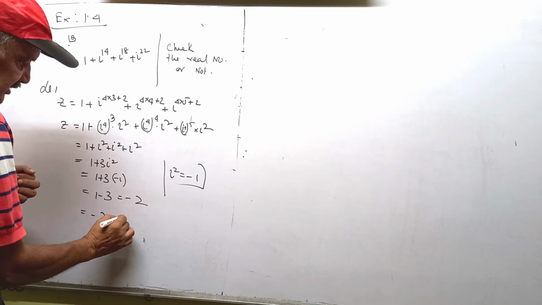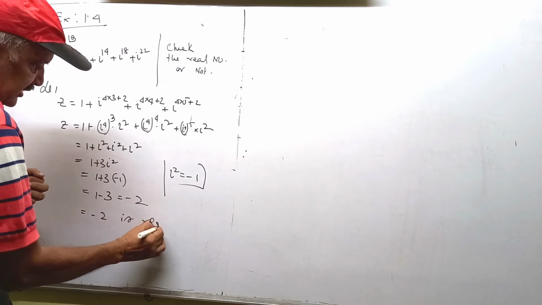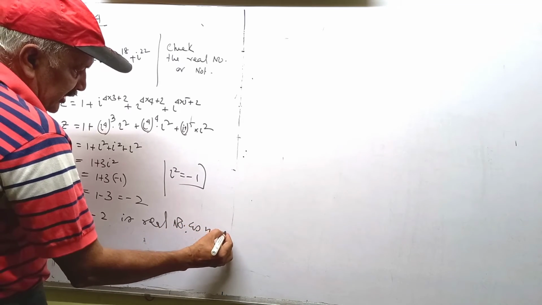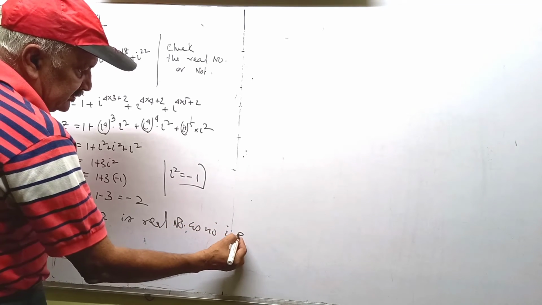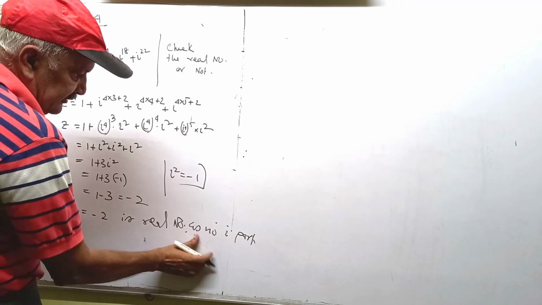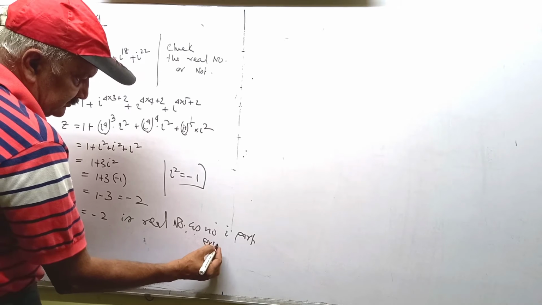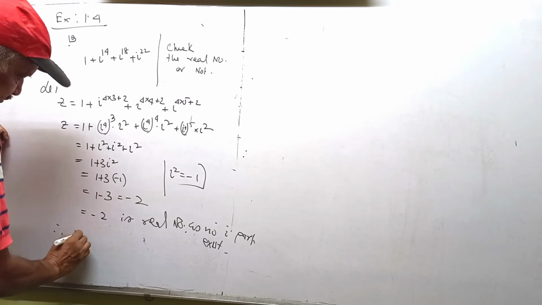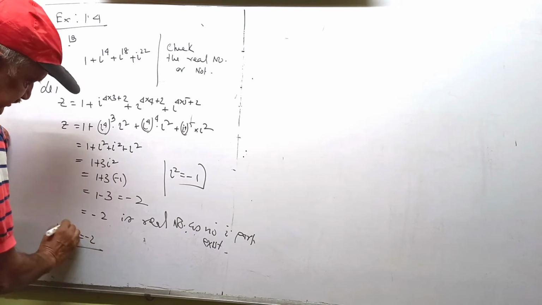This is a real number as no i part exists. Therefore, z equal to minus 2 is the answer.